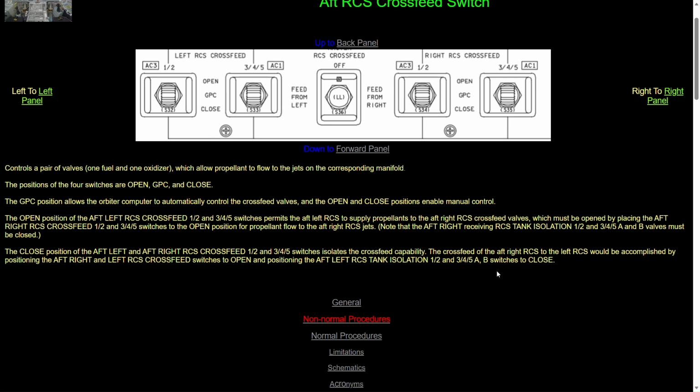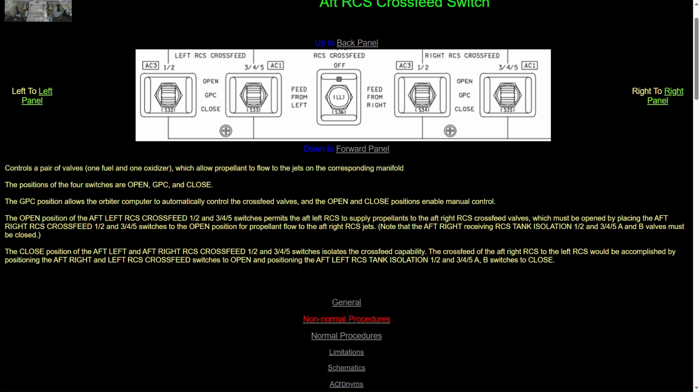The crossfeed of the aft right RCS to the left RCS would be accomplished by positioning the aft right and the left RCS crossfeed switches to the open position and the aft left RCS isolation 1, 2, 3, 4 switches to close.